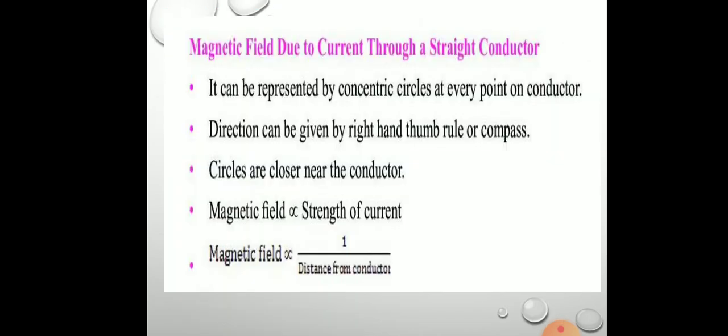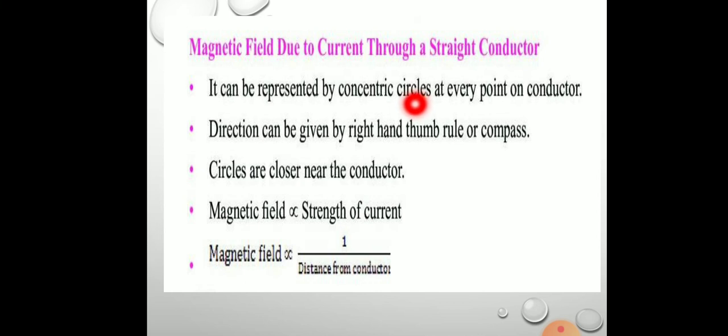Now I hope you have got an idea about the magnetic field around a straight current carrying conductor. Our conclusion is that for a straight current carrying conductor, the pattern of field lines is in concentric circles around the conductor.